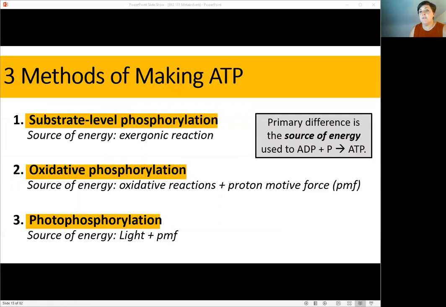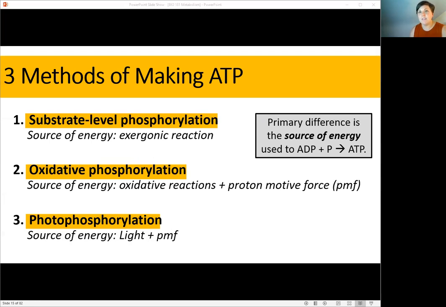The second method of phosphorylation is called oxidative phosphorylation. This method of ATP generation is a little more involved because it requires the freedom of electrons from the chemical bonds and subsequently using those electrons to establish a concentration gradient. The concentration gradient is the source of energy that phosphorylates ADP and creates ATP. The third method of phosphorylation is called photophosphorylation, and as you can probably infer, involves the use of light to generate ATP.